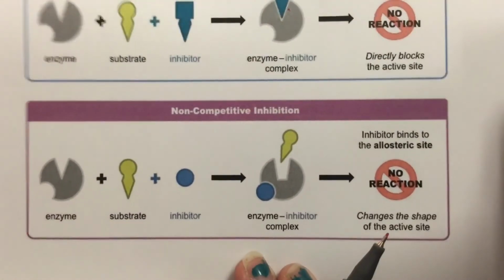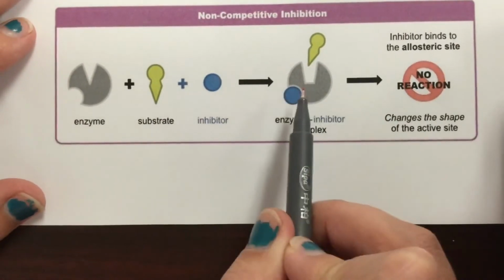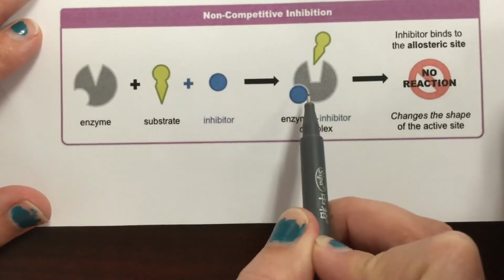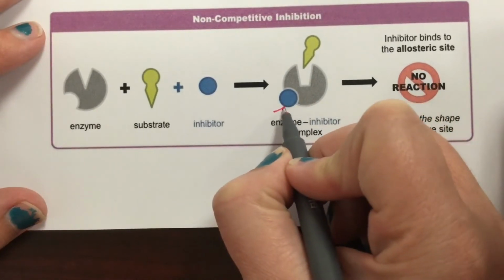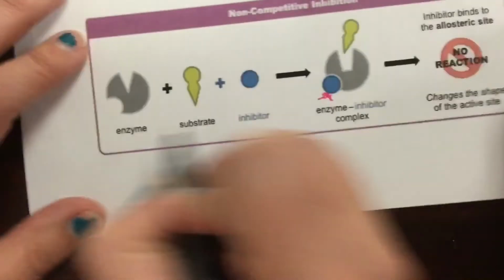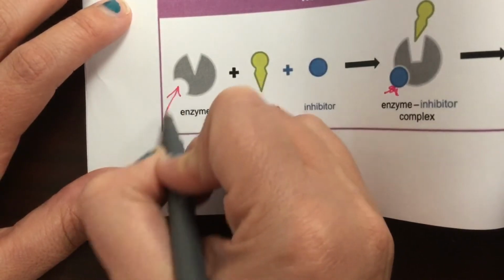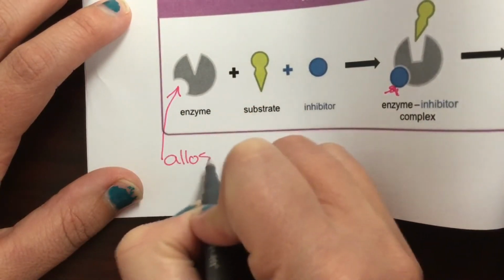A non-competitive inhibitor binds somewhere else. So it actually binds to a different spot. It's called the allosteric site. So this spot here, the site on the enzyme, I'm actually going to draw it over here where you can see it. So this spot here is called the allosteric site.